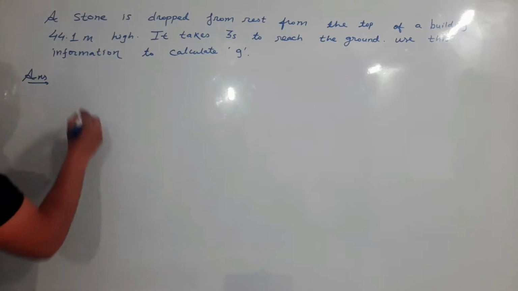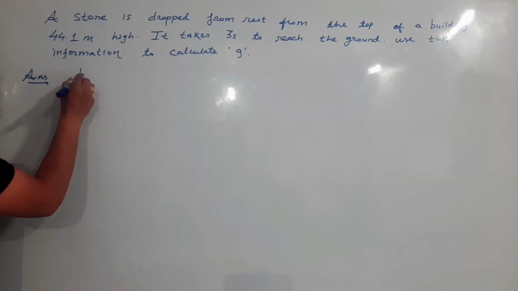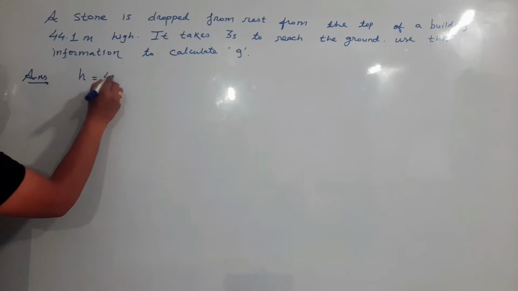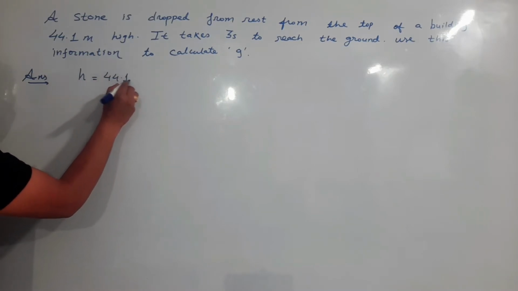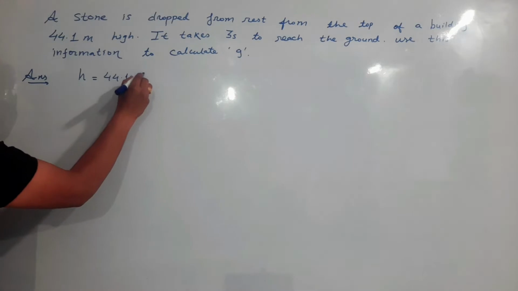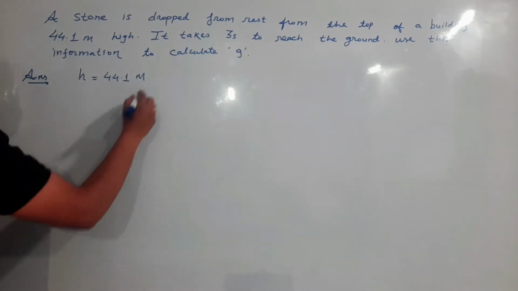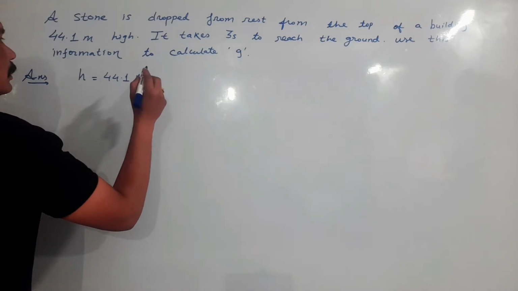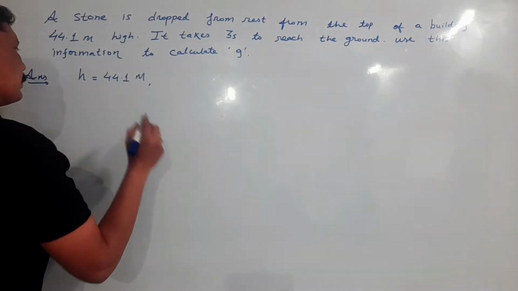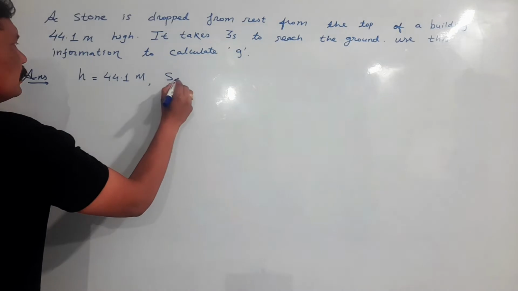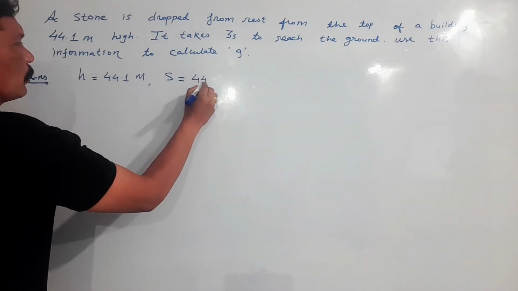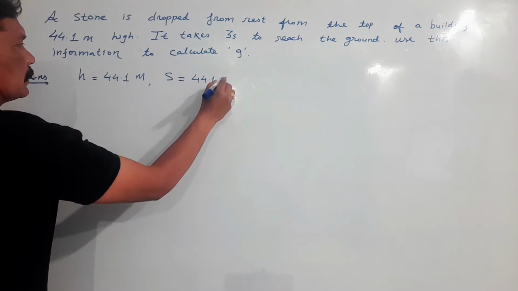My dear student, here the height of the building is given, which is 44.1 meter. Height means the distance traveled by the body. So S will also be equal to 44.1 meter.